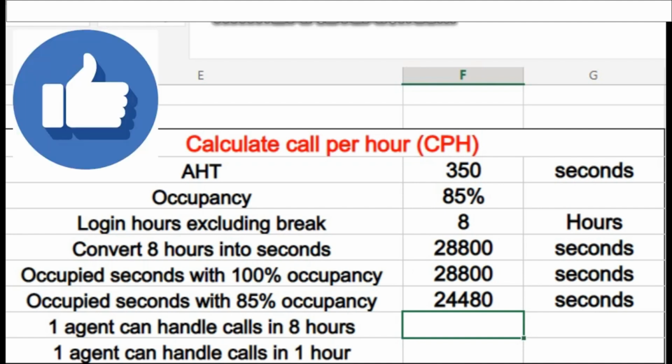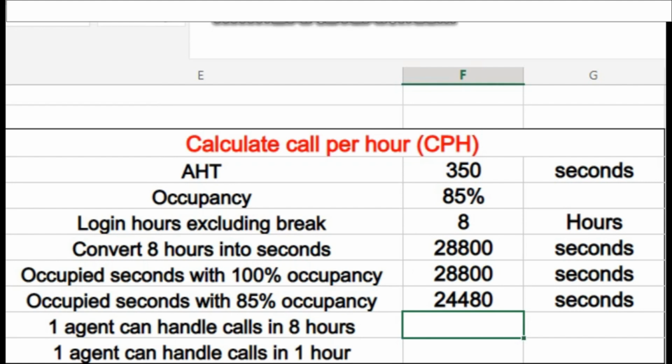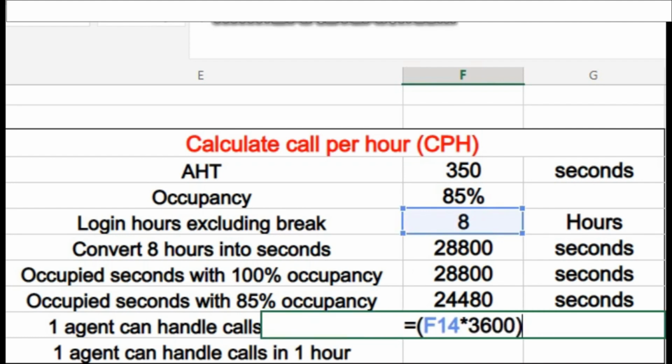Now we have to calculate how many calls can be handled by one agent in 8 hours. So the formula would be, we have to open the bracket, then your 8 multiplied by 3600, bracket close, multiplied by your occupancy, and then divided by your AHT.